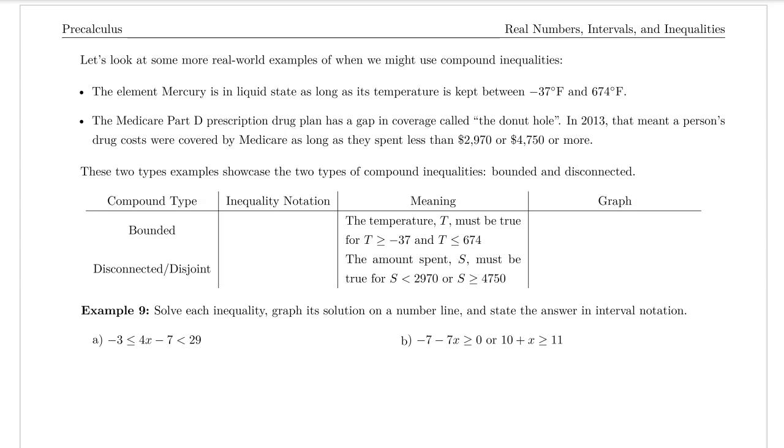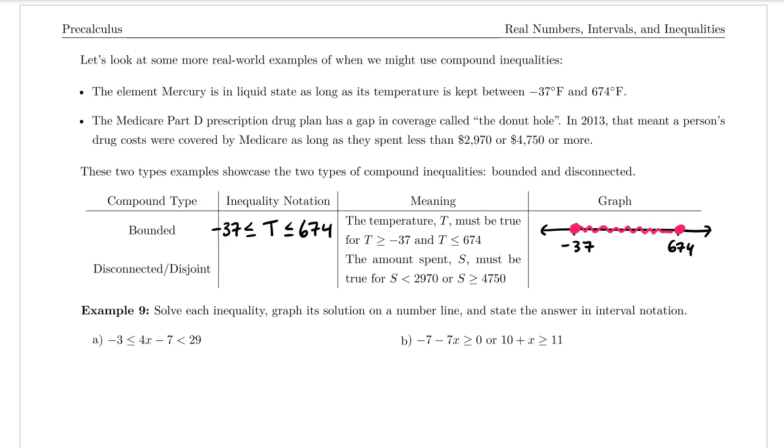And if we're calling the temperature capital T, then capital T must be greater than or equal to negative 37 and less than or equal to 674. And if we were to graph that, here's negative 37, here's 674. I would put a closed circle on both of those, and I would shade everything in between.